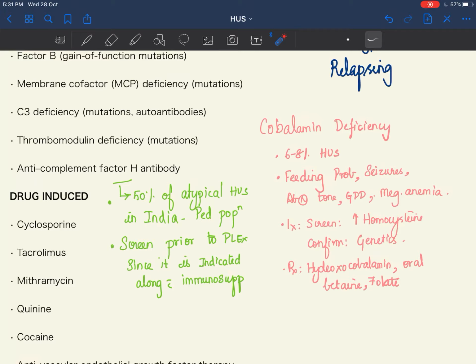The child will present more like a global developmental delay, seizures, feeding problem, and megaloblastic anemia. You should suspect it if the child has HUS-like features by screening for raised homocysteine levels, and you can confirm by genetics, you can confirm by the actual cobalamin deficiency, and you treat with hydroxycobalamin, oral betaine, and folate.